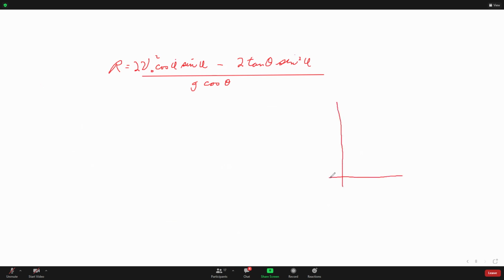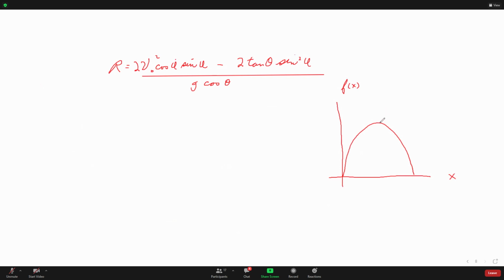Let's say you have a function f of x, and it looks like this. And you would like to know what is the value of x at which that function is a local maximum.